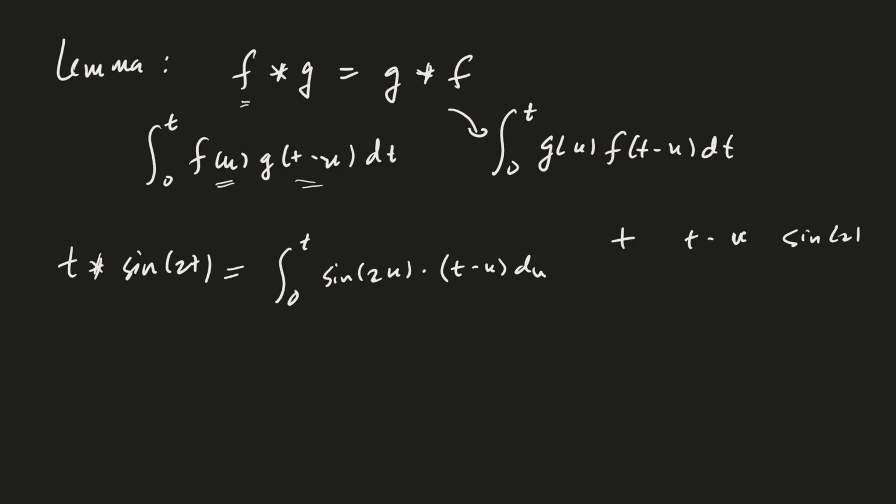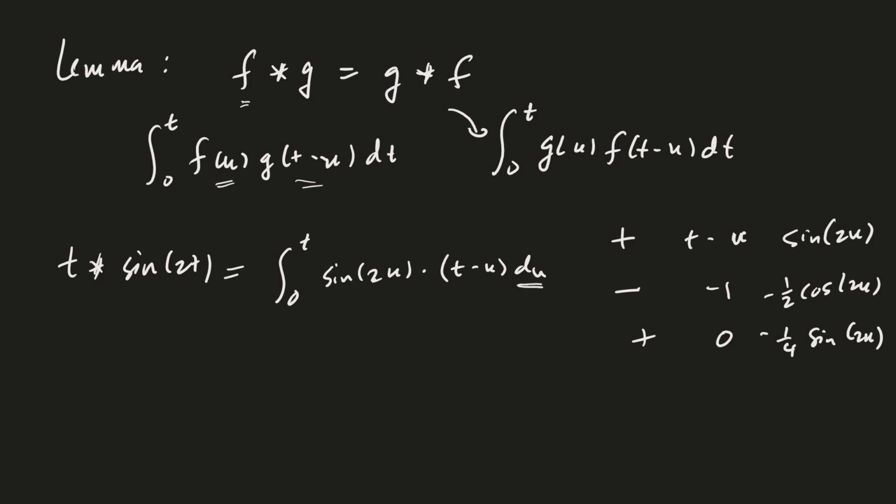Now remember that sine of 2u. Good, now everything is in terms of u, so the t is constant here. So minus, and then minus 1, and then cosine of 2u, that'll have to be a minus 1/2 there, right? And then plus 0, 1/4 sine of 2u. Good.